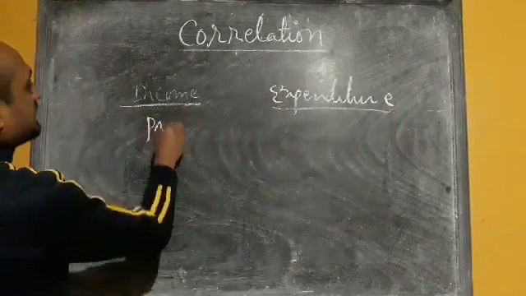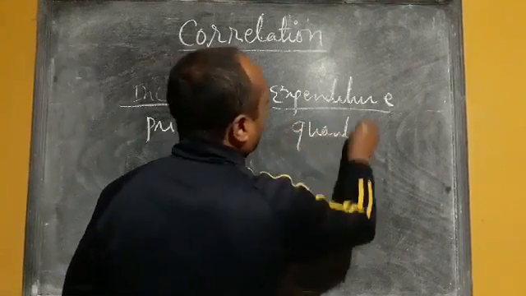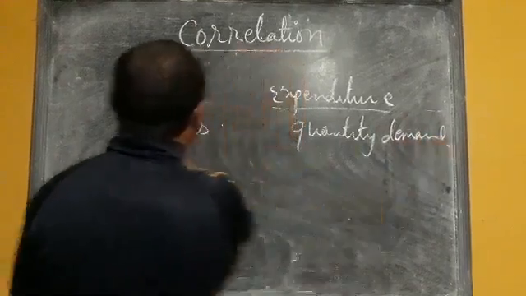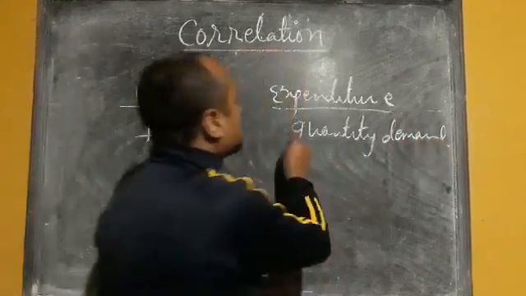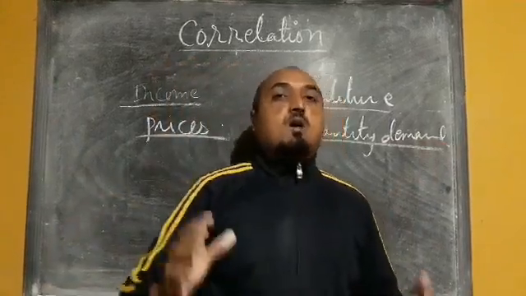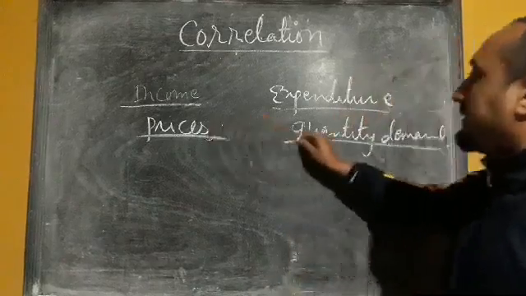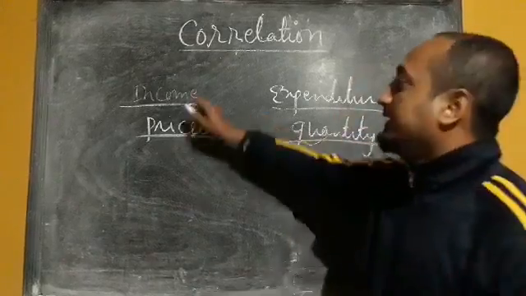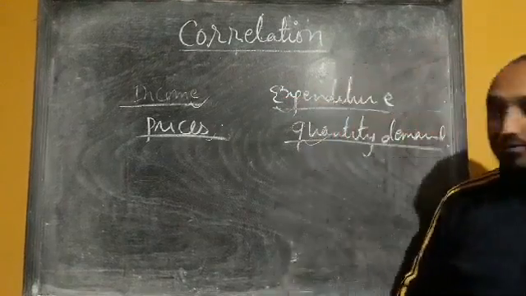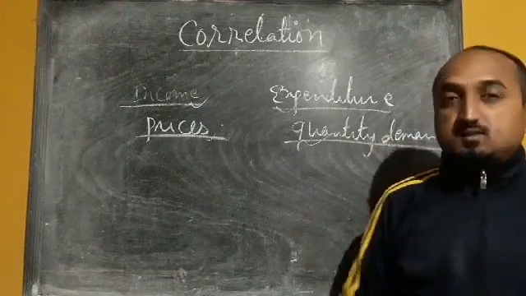When I take the example of prices and quantity demand, price is one variable and quantity demand is another variable. So here the two variables are interrelated. Price and quantity demand are interrelated, income and expenditure are also interrelated. We can see that the variables are interrelated with each other.